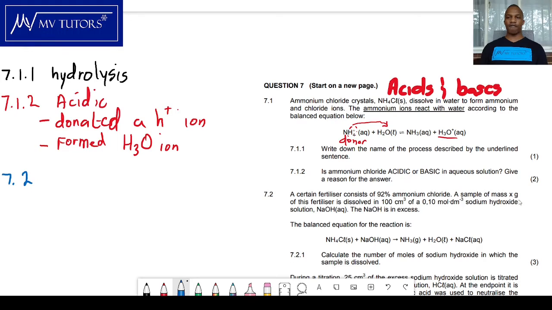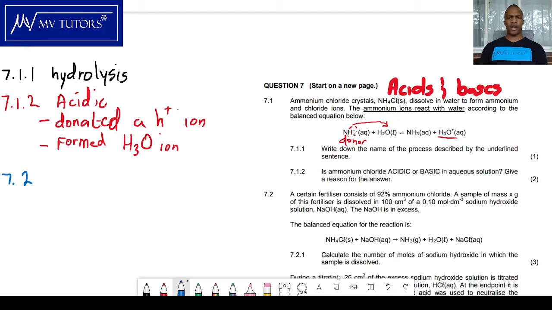A sample of mass X grams of this fertilizer is dissolved in 100 cubic centimeters of 0.1 mole per cubic decimeter sodium hydroxide solution. Okay, sodium hydroxide solution is given by that formula. The sodium hydroxide is in excess.